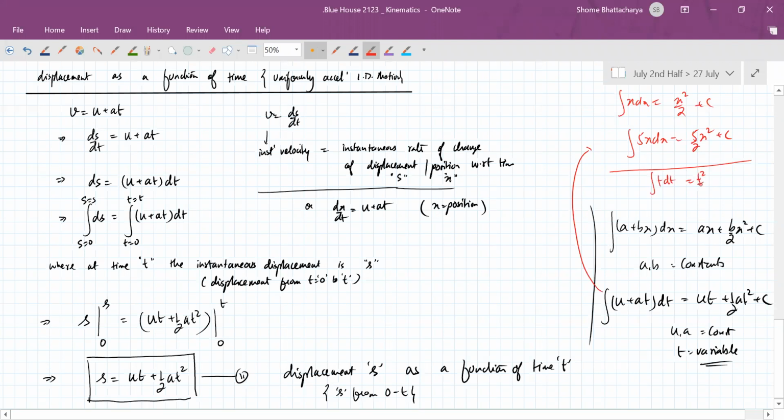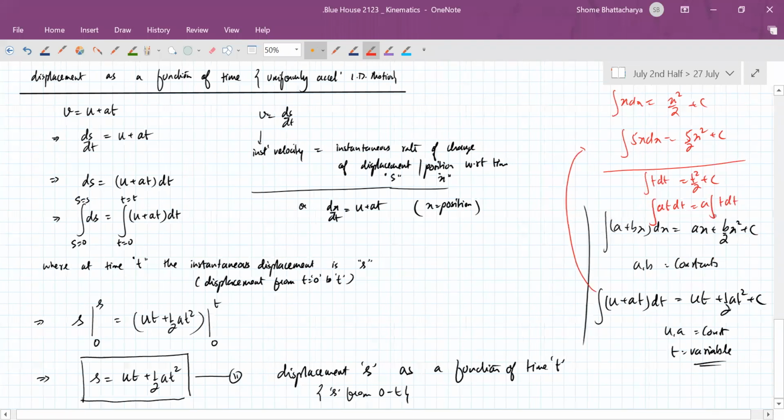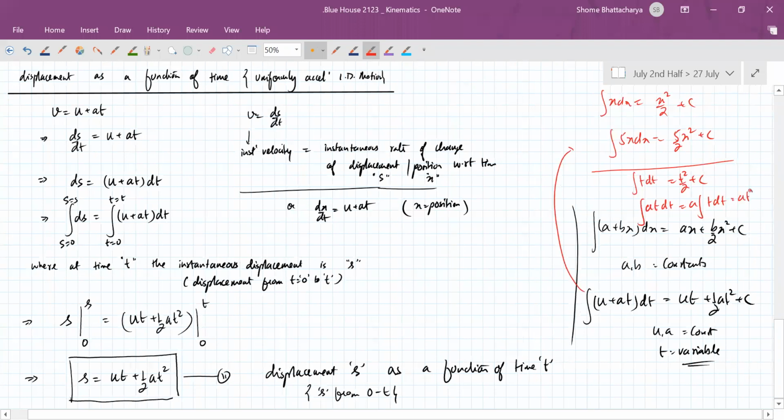That will be t square by 2 plus c. So if a is a constant, we bring it outside. That's how we get this. Hope this is clear now, Manav. Yes, sir, got it. Okay, good.